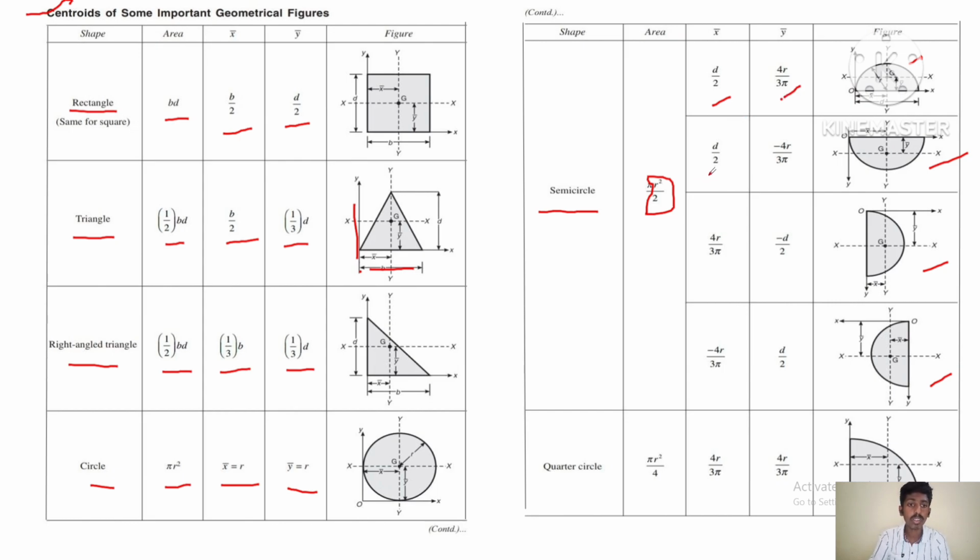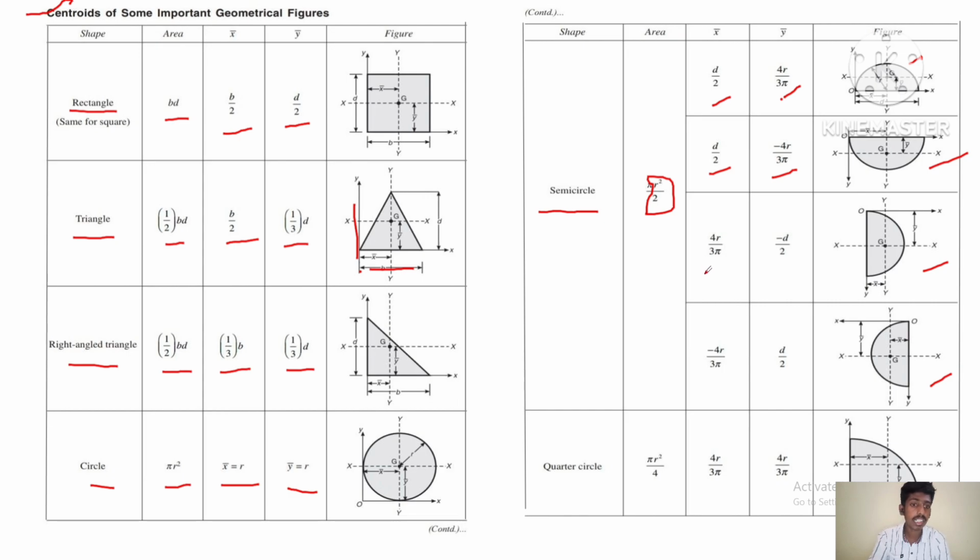And when it is below the x-axis, then half of the depth, that is d by 2, is the x distance, and minus 4 times r divided by 3 times pi is the y distance.